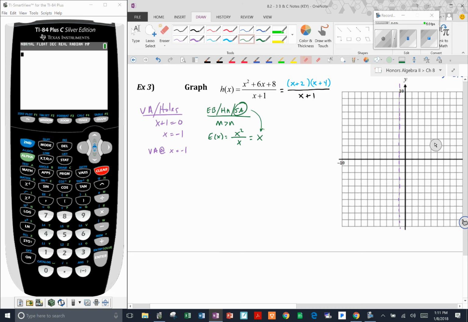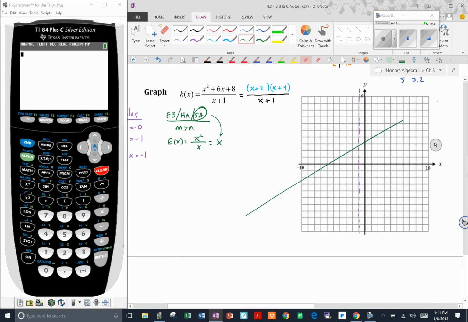All right, so how do we know what the slant asymptote is? We just have some random, slanted line on the graph here. Well, we find it by using long division, because that's what this fraction bar means anyway, is division. So we're going to do long division to find the slant asymptote equation.